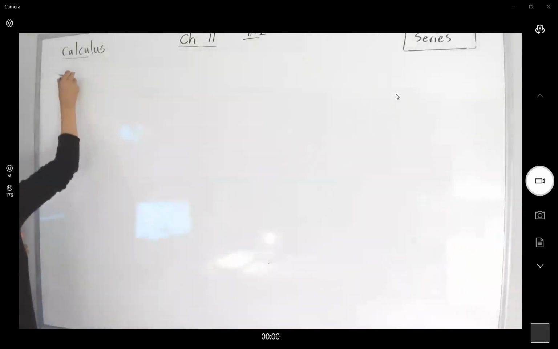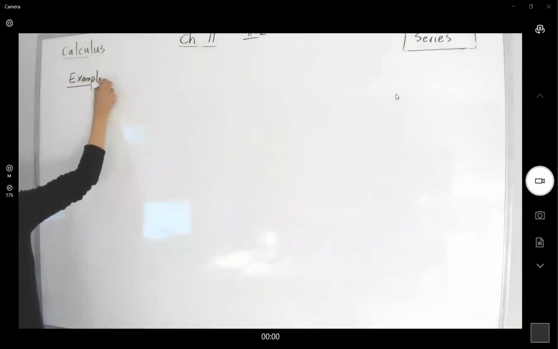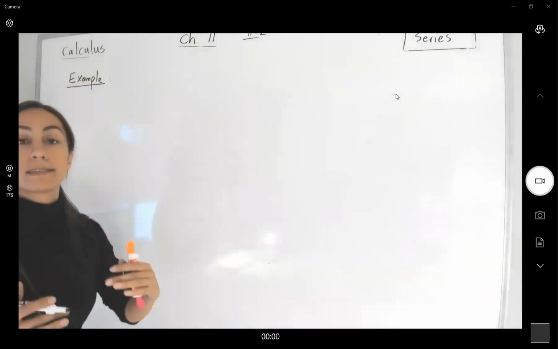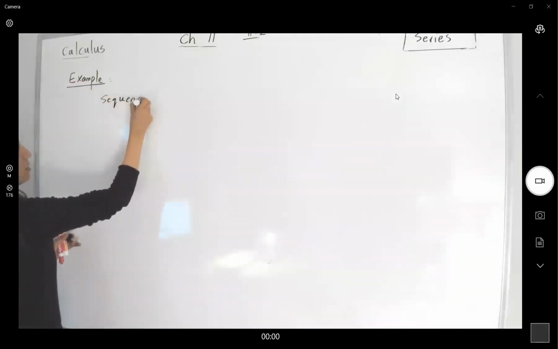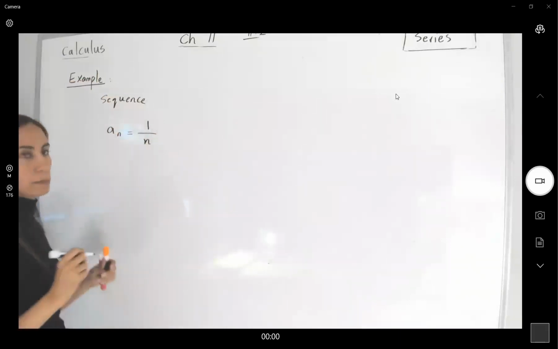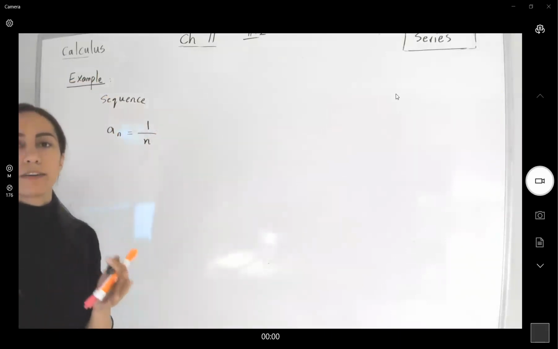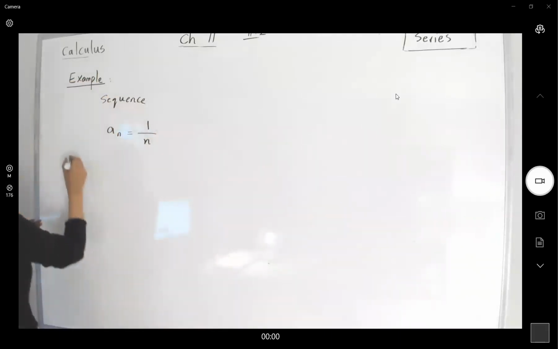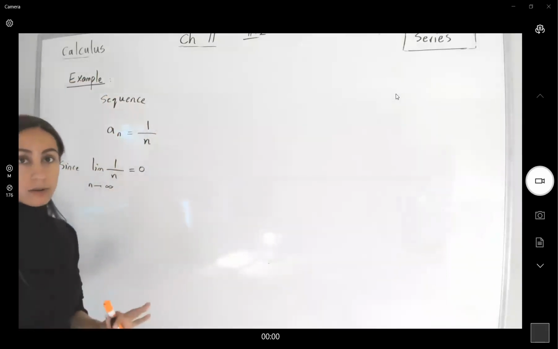So, example. Remember that I defined this sequence as a n to be 1 over n. Remember that this sequence is a convergent sequence since the limit of 1 over n as n approaches infinity is 0.